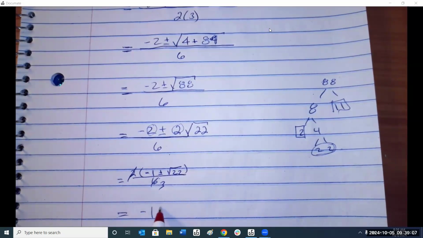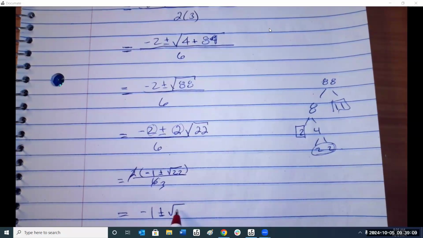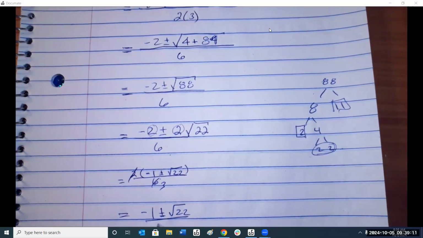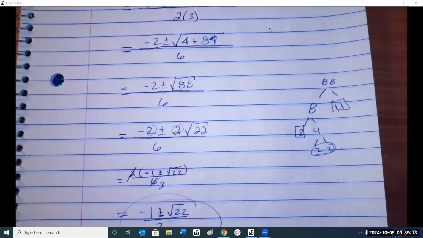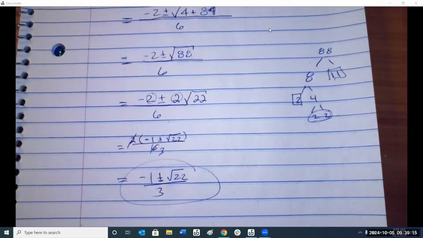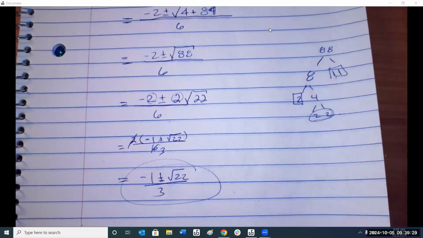So I have negative 1 plus or minus the square root of 22 over 3. Those are my 2 solutions.